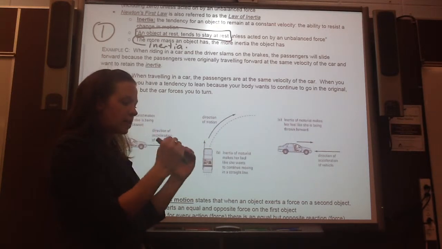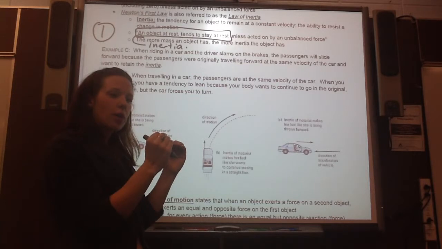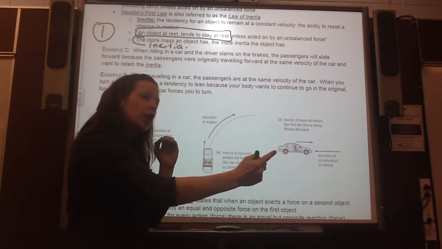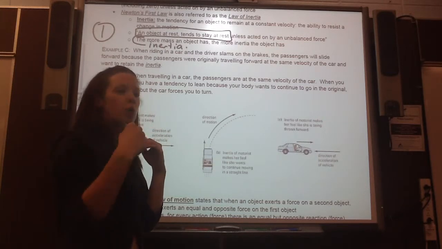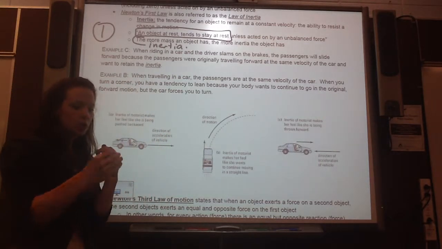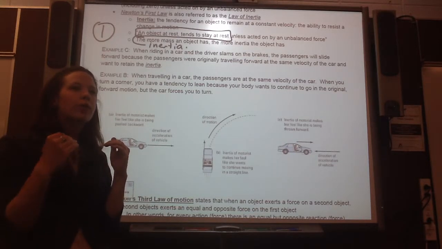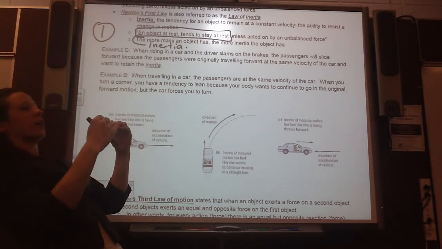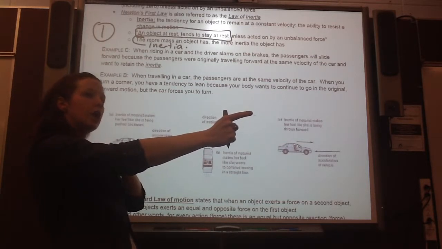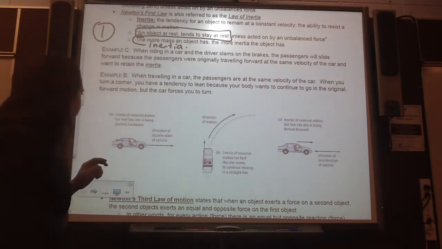Your body wants to stay at 53 kilometers an hour. As soon as the car goes faster, your body is at a slower velocity. It wants to maintain that inertia. It wants to maintain that slower velocity, so it goes back because it hasn't caught up yet to the velocity of the car, which has now accelerated.